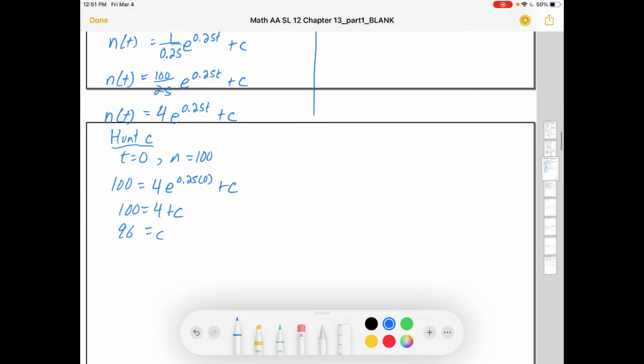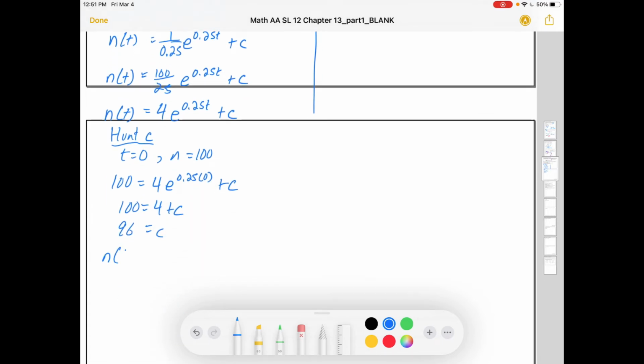All this would let us find a good function for the number of bacteria that we have. After t days, that's what happens. We already know that when t is 0, it works out to be 100.